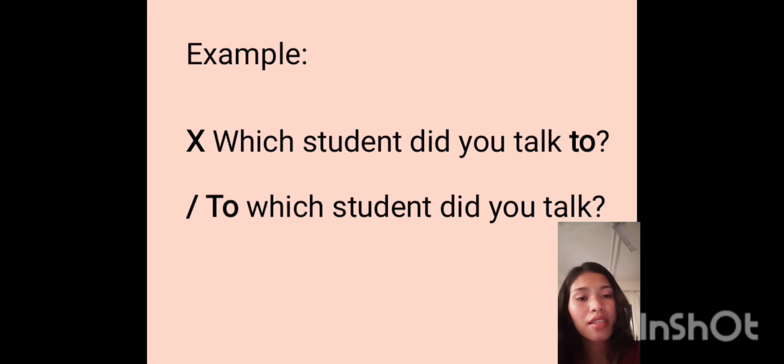The second sentence follows the rule, with the preposition to at the beginning of the sentence. That is a formal kind of writing, especially in research papers and business proposals. So you should follow rule number 2, which is don't end a sentence with a preposition.